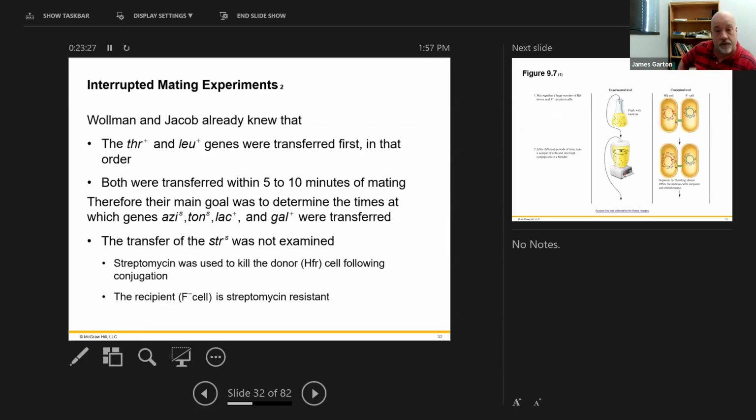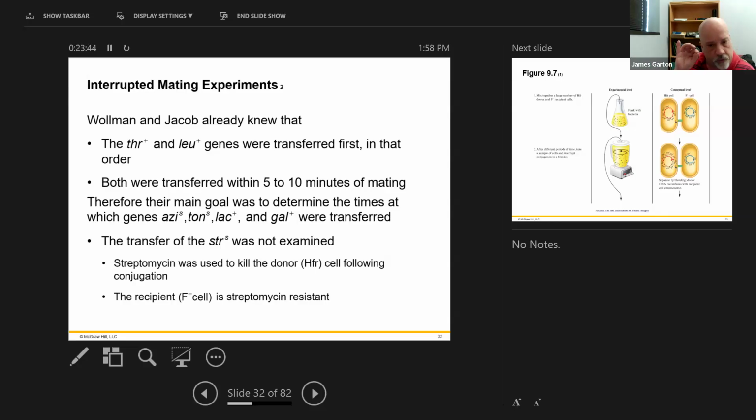And it was already known that threonine and leucine genes were first. It was already known that they got transferred within the first few minutes.